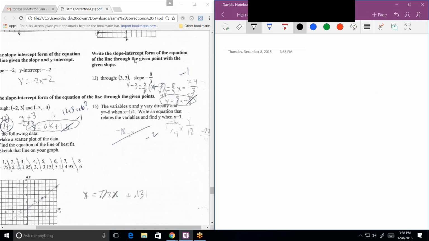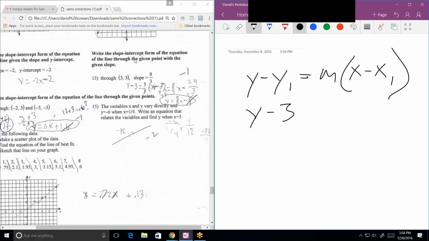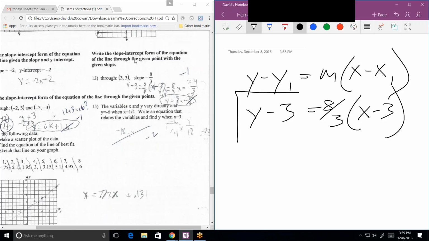Point-slope is this. Any equation can have either format. This is just as valid as any other format. And this is what you use, which is actually the most efficient way to do it. You immediately get y minus 3 equals 8/3 times x minus 3. That would normally be an acceptable answer.